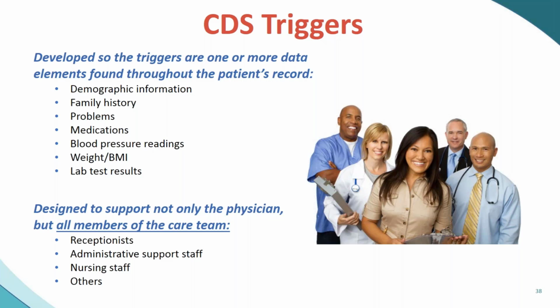Problems, huge trigger. Huge trigger would be your problems, your meds, your blood pressure readings, or any of the other data points that you key in throughout the clinical visit. Now, it's also important that your CDS rules present to all members of the care team, including your reception staff, your support staff, your nursing staff, the providers.